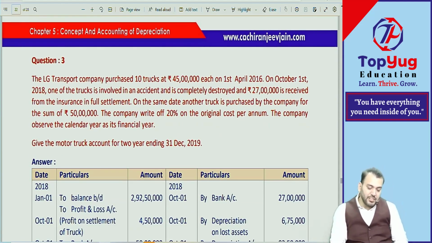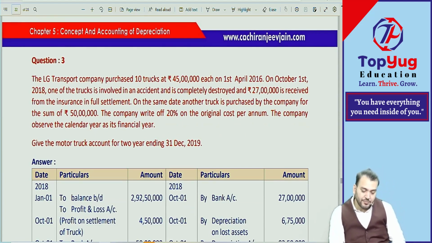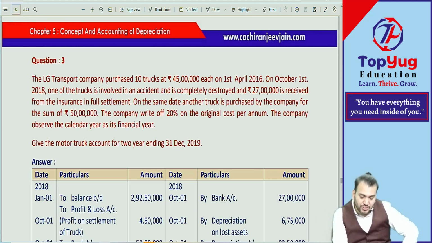What is given? LG Transport Company purchased 10 trucks at rupees 45 lakh each on 1st April 2016. On 1st October 2018, one of the trucks is involved in an accident and is completely destroyed, and 27 lakh is received from the insurance company in full settlement.